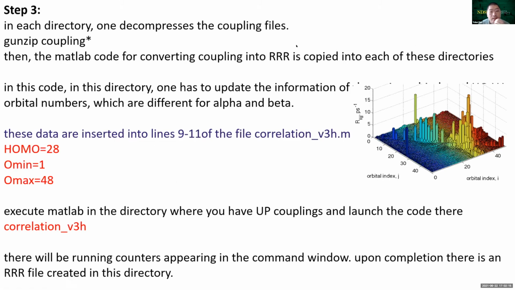In step 3, we decompress the coupling files and plug them into the MATLAB code, and just run the code, as Amir and other people have already discussed. After running this code, we'll have an RRR file, which will be the input for the actual dynamics.